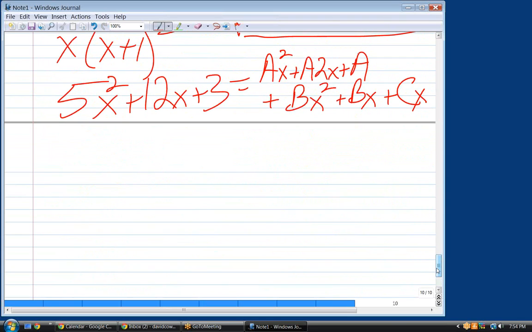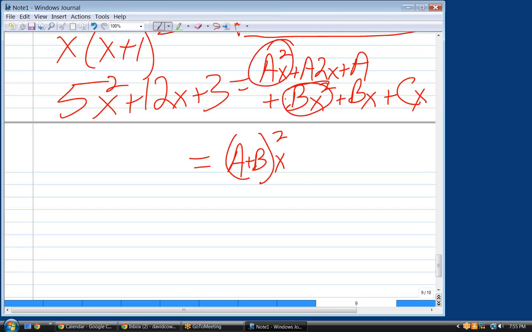So now I've got 5x squared plus 12x plus 3 equals all of this. Well, let's combine some of this over here. I got a couple of x squareds. I can factor out the x squared and have a plus b times x squared. That's combining that and that.